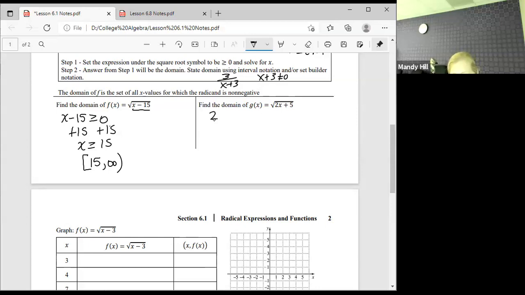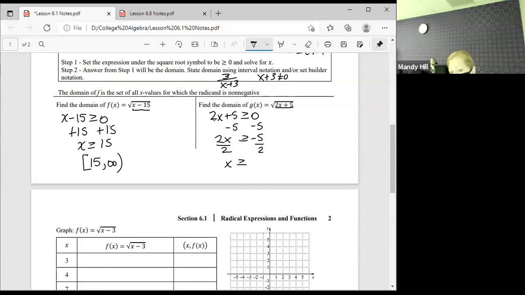So in this one, 2x plus 5, whatever's underneath the square root, has to be greater than or equal to 0. We're going to subtract 5 from both sides of the inequality. I'm not dividing by a negative number, so I'm good there. I am going to divide by 2, still not dividing by a negative number though.